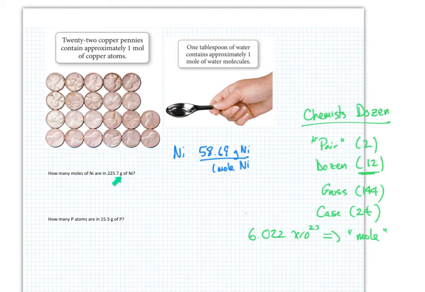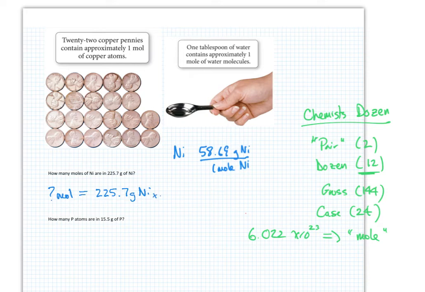So I want to know how many moles of nickel there are in so many grams. This could be any arbitrary number. I'm just going to write this problem out this way. How many moles? The shorthand for mole is mol instead of mole, which doesn't really save that much space. We start with our number that could change, it could be any arbitrary number: 225.7 grams of nickel.